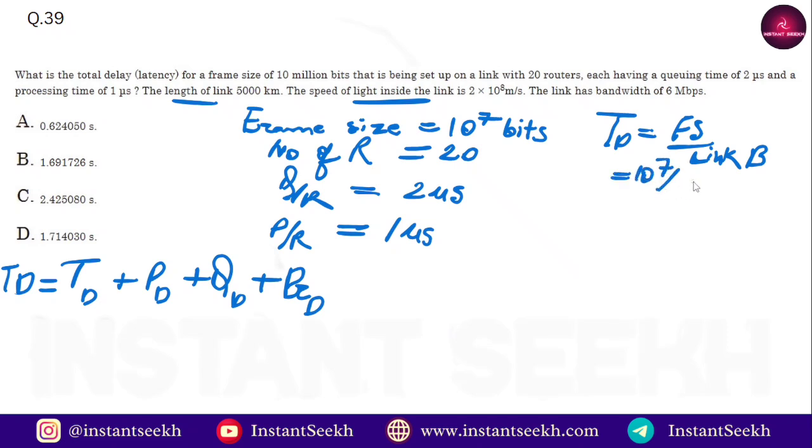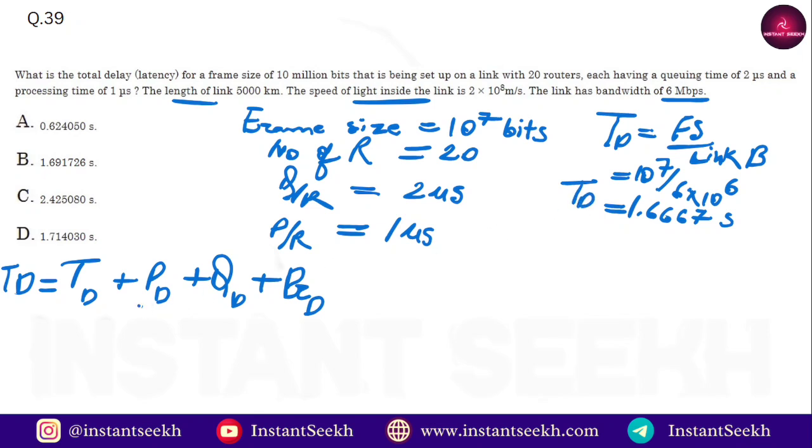Link bandwidth is given as 6 Mbps, so that is 6 into 10 raised to 6. If you calculate, we will be getting 1.6667 seconds. That becomes your TD.